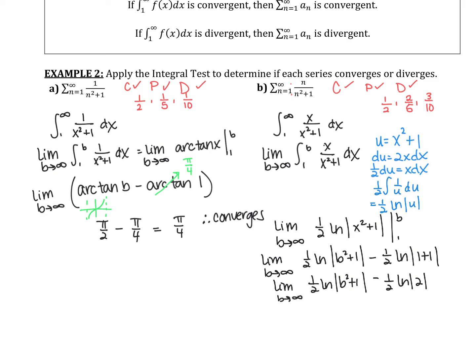And if this expression goes to infinity, it means that this whole thing diverges, which means that my series also diverges. So all I'm doing with my series is proving, using an integral that I can find, that the series diverges, because if the integral diverges, the series diverges. That's the integral test.